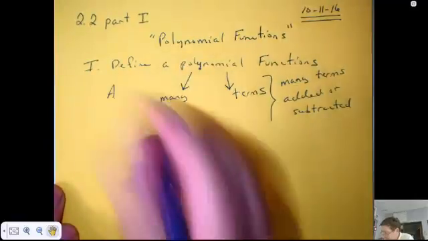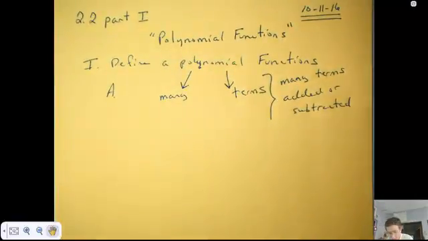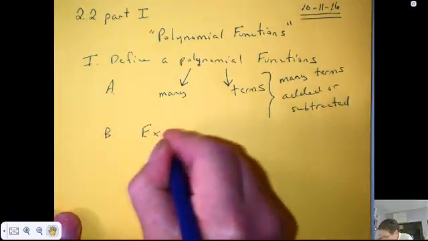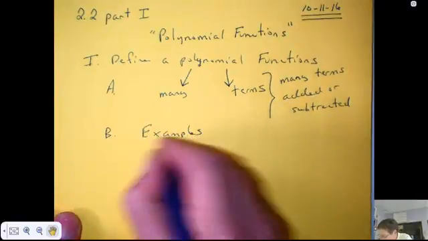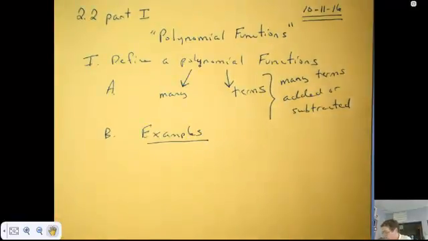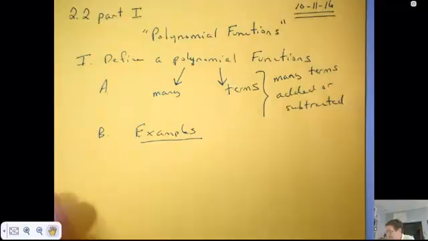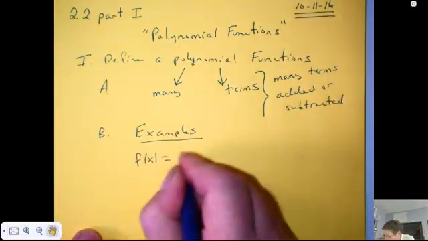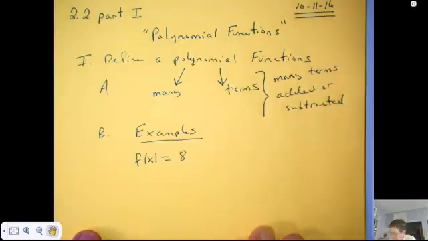Alright, so here's my A, kind of define what we mean by that. So B, let's go through some examples. And again, you've seen these before, but it's good to know the terminology, because often we're a little sloppy with that, or we start throwing these terms out. These things can range from very simple, f of x equals 8, just a constant.